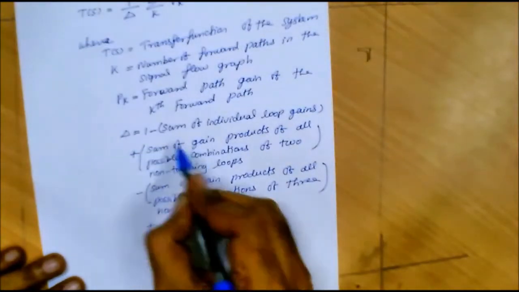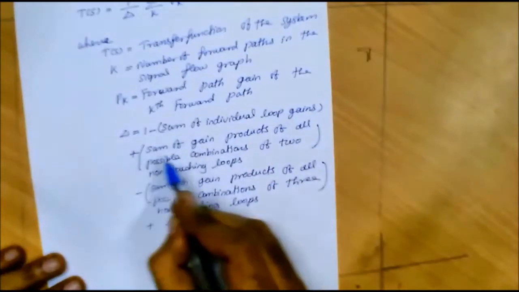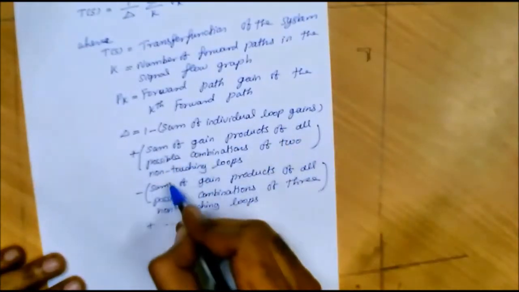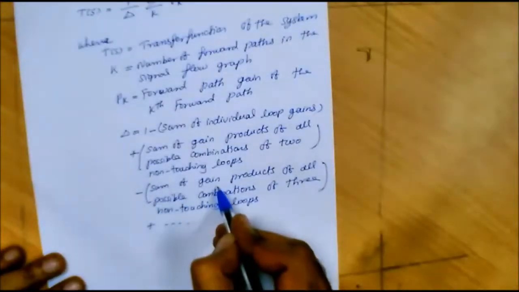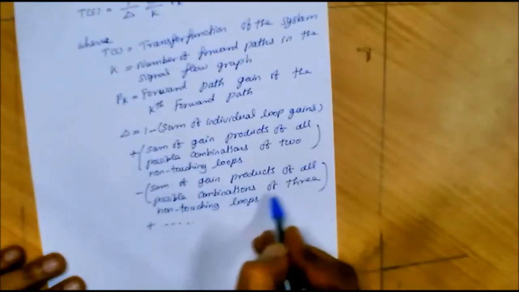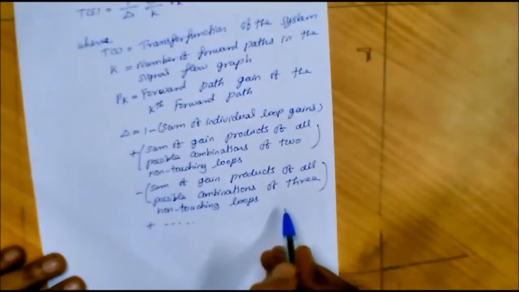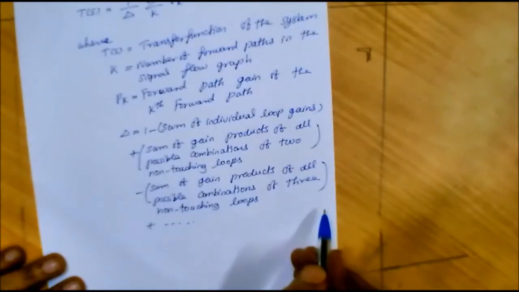Δ is equal to 1 minus the sum of individual loop gains, plus the sum of gain products of all possible combinations of two non-touching loops, minus the sum of gain products of all possible combinations of three non-touching loops, plus the sum of gain products of all possible combinations of four non-touching loops, and so on.